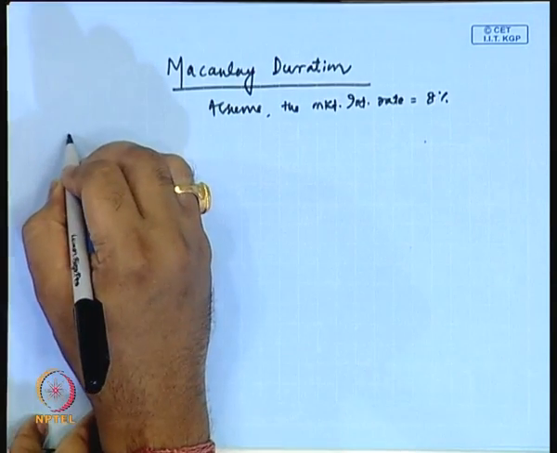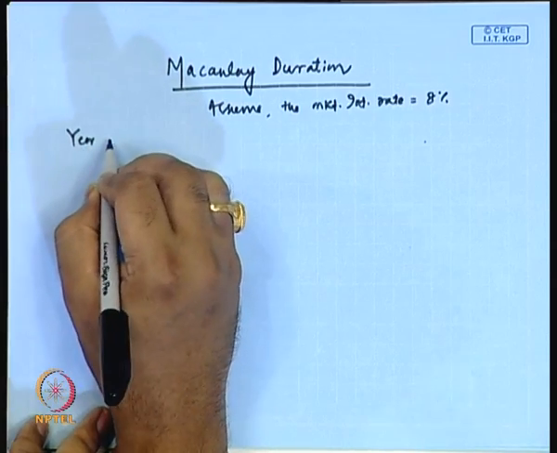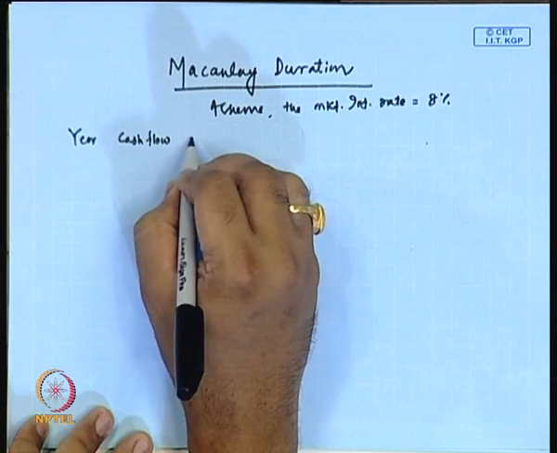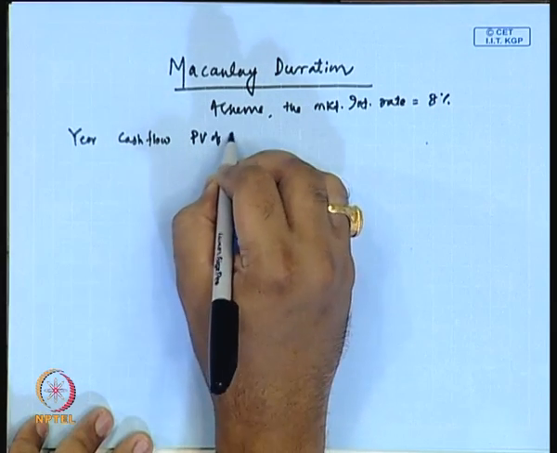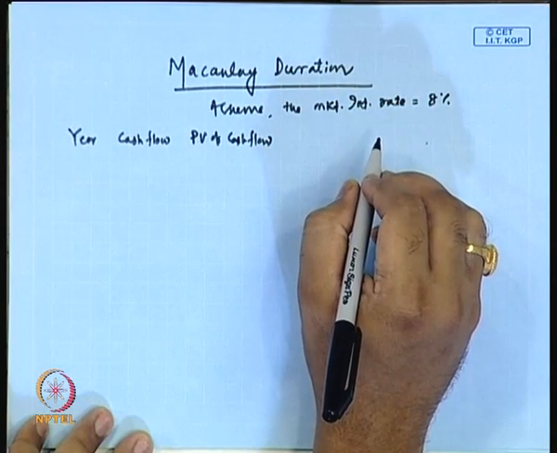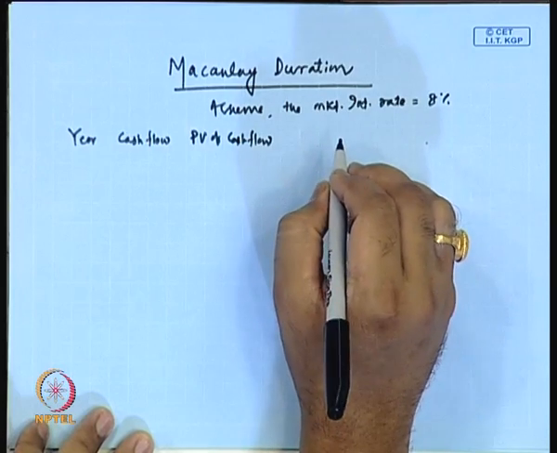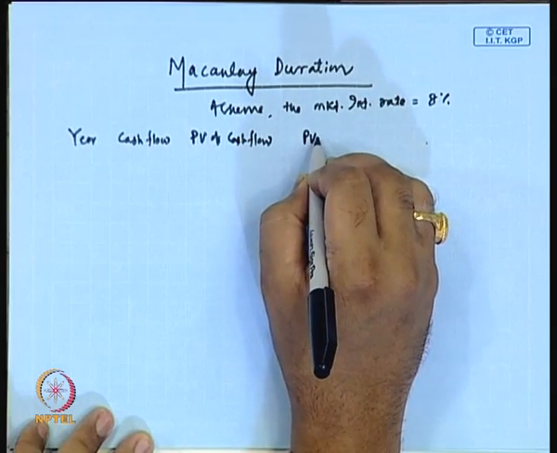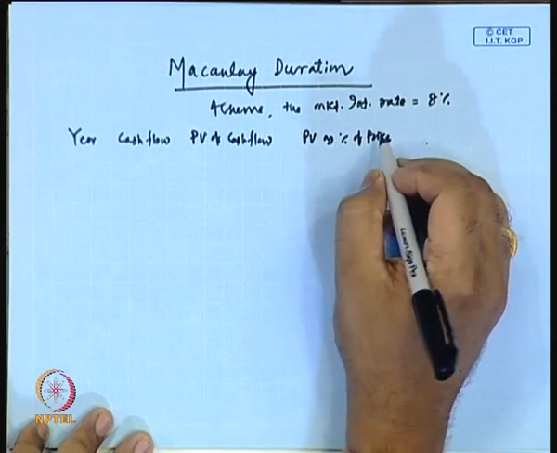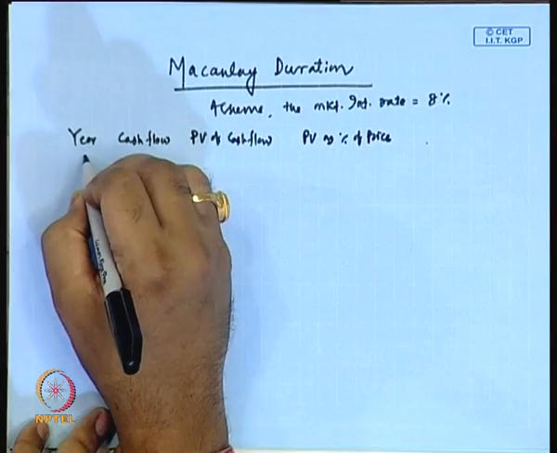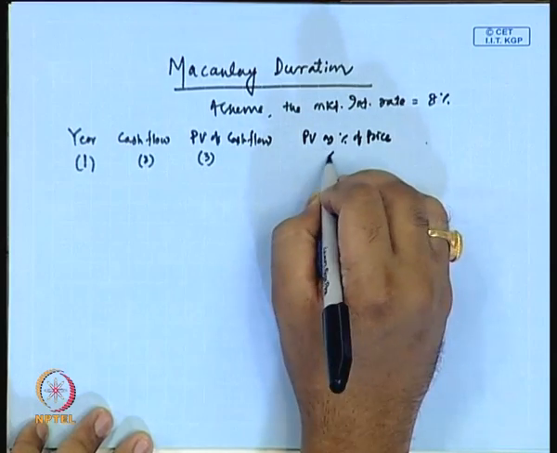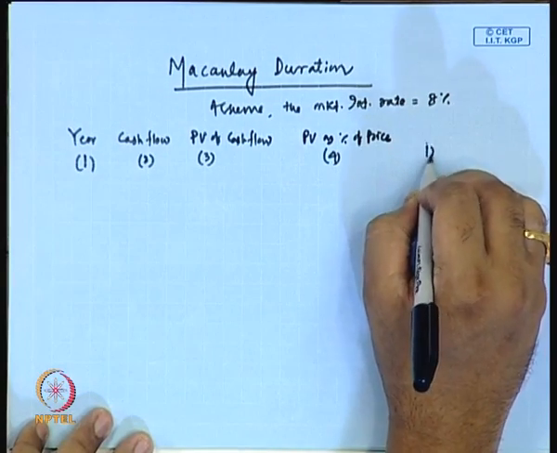Let this be your year, this is your cash flow, this is your present value of the cash flow, this is your present value as a percentage of the price of the bond, and this is column 1, this is 2, this is 3, this is the 4th column, this will be your 1 into 4.